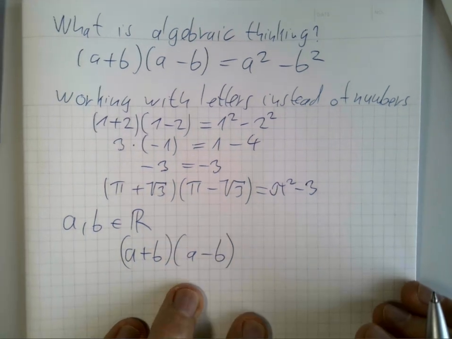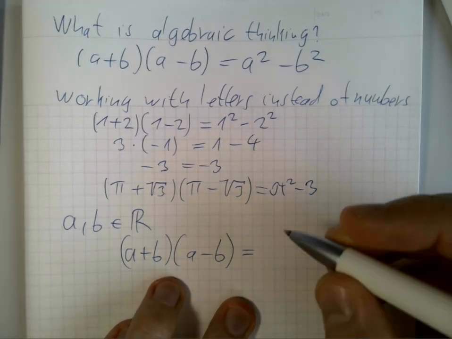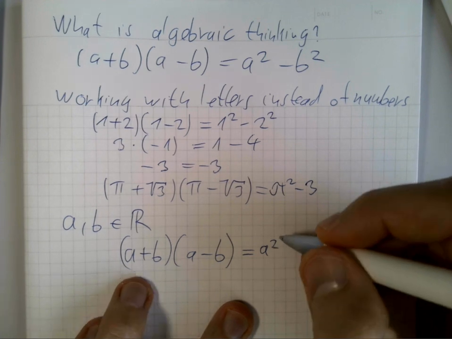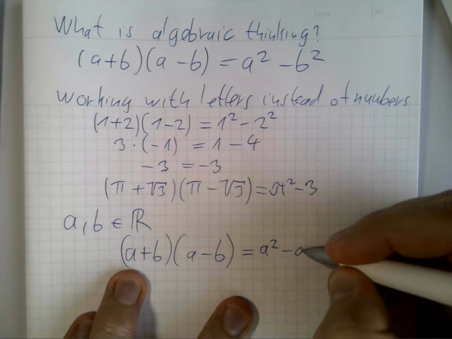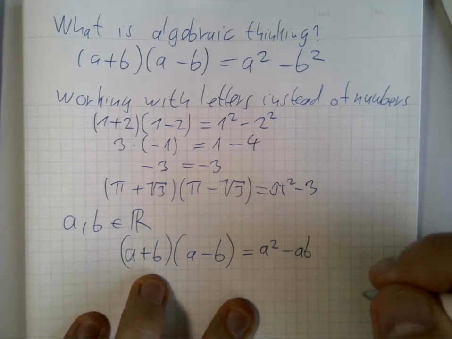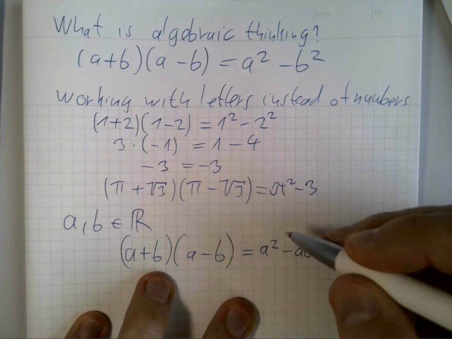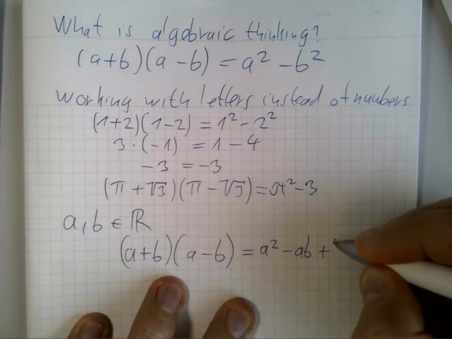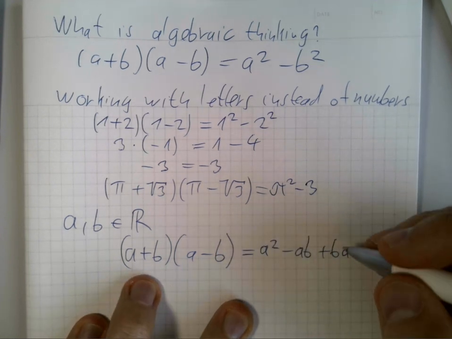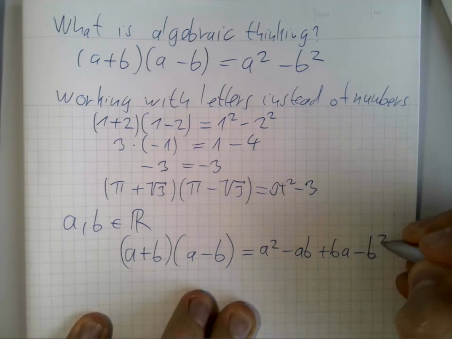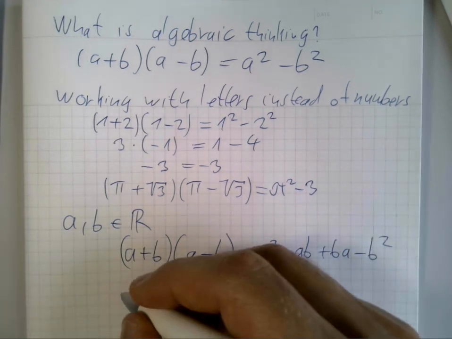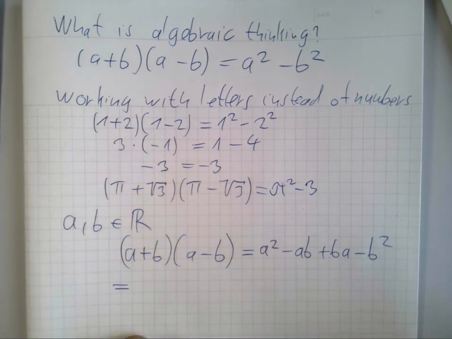Well, you can just do the cross multiplication. That will be a squared minus a times b plus b times a minus b squared.